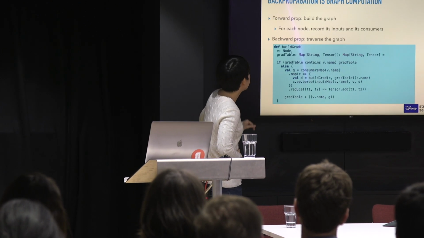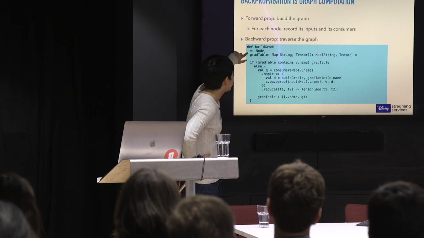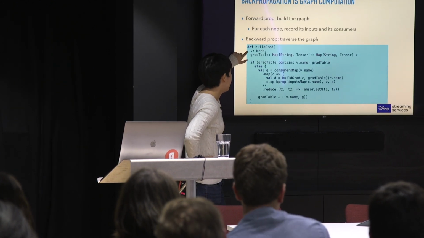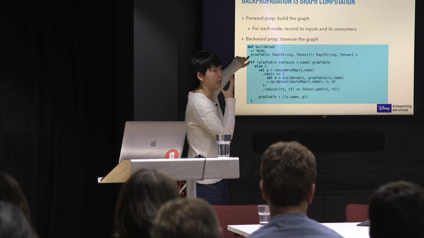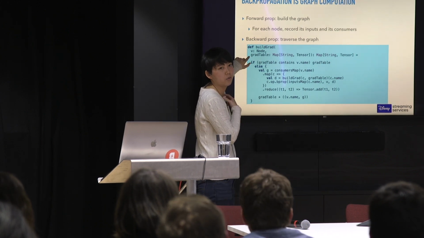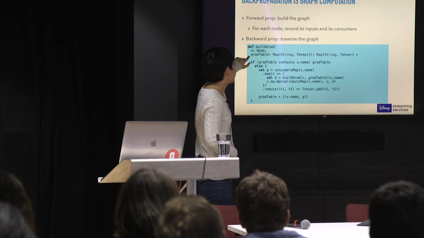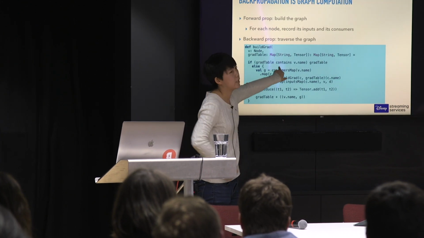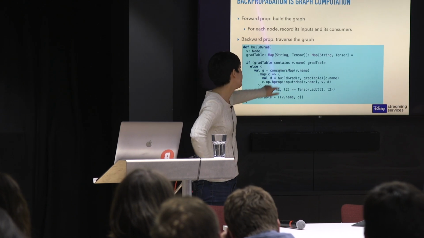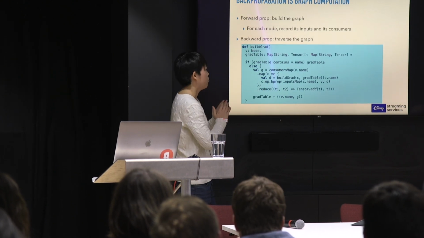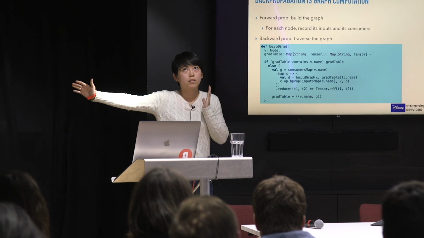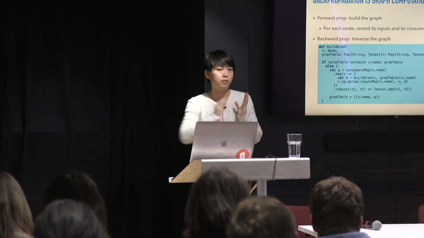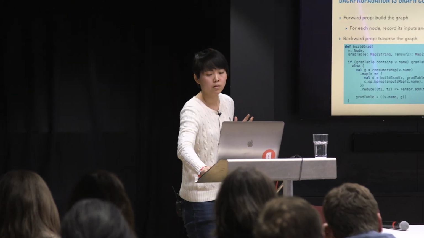So this function basically wants to know the gradient for a node. We already have a state remembering all the gradients we've calculated so far. First of all, if we've already calculated this node, then just return. If not, we find all the consuming nodes, which are the nodes later in the graph.